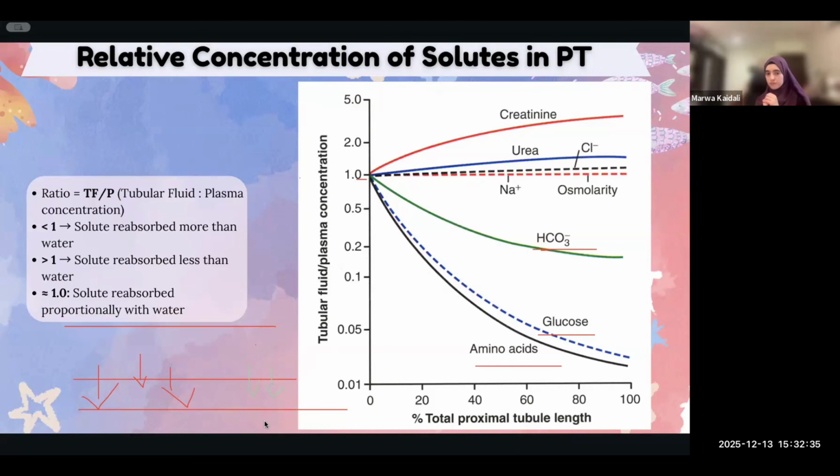Okay? So this is why it's going to be high, because prior to it, we had a lot of water reabsorption. And you know that when water gets reabsorbed, it's going to concentrate the solutes into the tubular fluid. So this is why. If you look at the definition also here, when we have a ratio more than one, it's when a solute is reabsorbed less than water, okay? So their reabsorption is less because we have more water that was being reabsorbed.